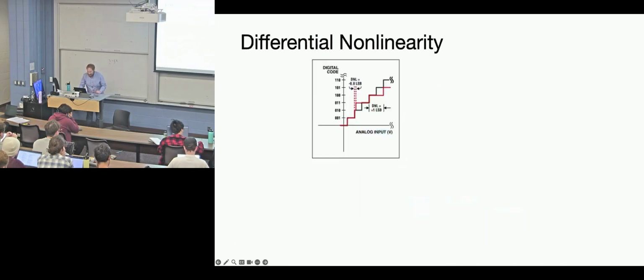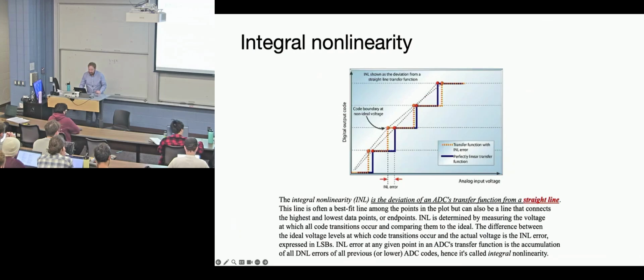So maybe I can ask this higher level question, and maybe I said it before. But how many bits can you trust in your system? You have a 12-bit ADC, 10-bit ADC. How many bits of those are going to be faithfully representing your analog signal? What's your intuition say?